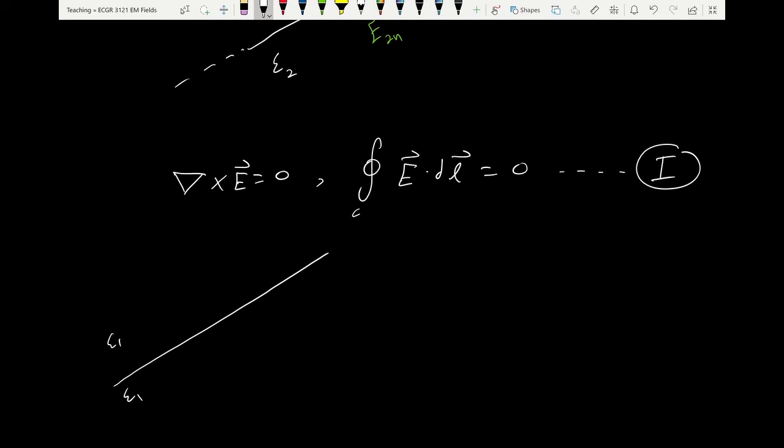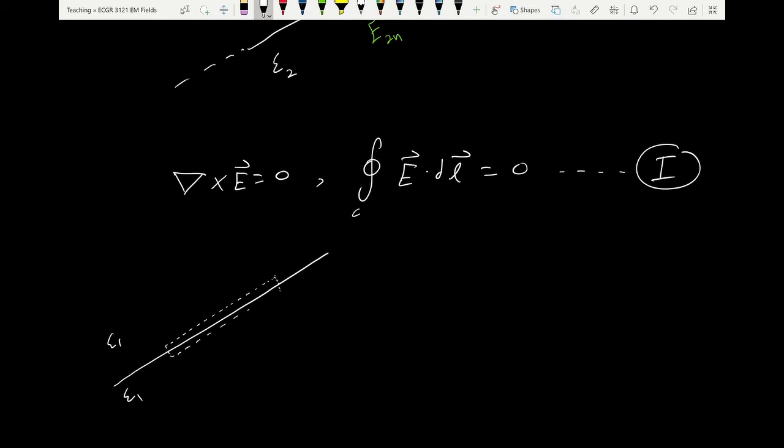I'm going to select the curve that minimizes the normal components. I want to ignore the normal components and only examine the tangential components. So I need to pick a curve that's like a long rectangle that's very thin. Why do I want to make it very thin?